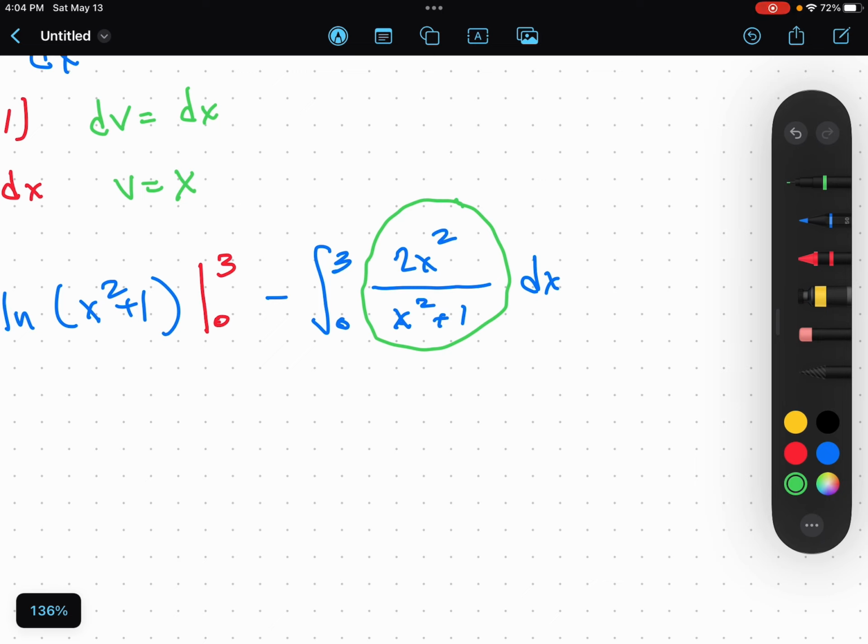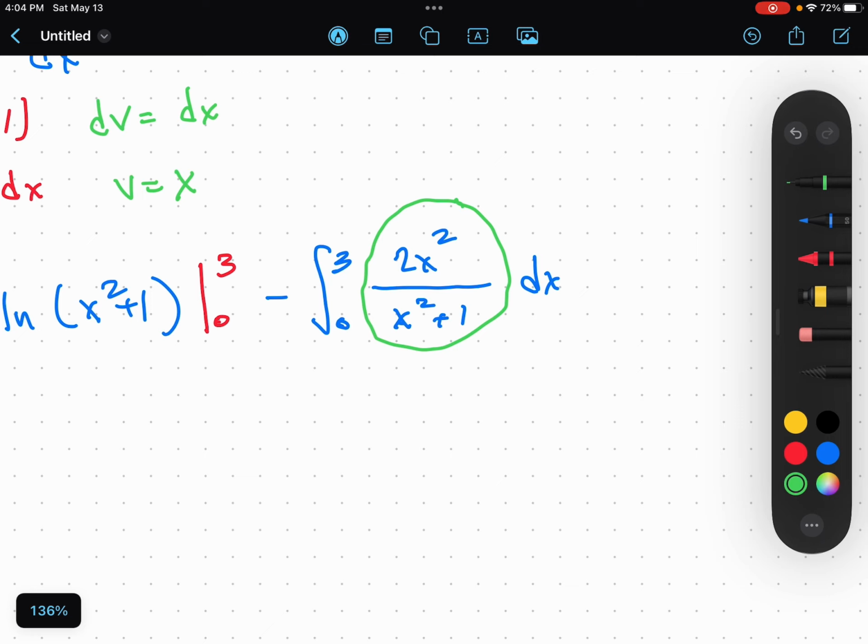So rather than do that, after thinking a couple extra minutes, I realized that what we need to do is reduce this improper fraction. And we do that by long division. Or I guess you could use synthetic division. But the point is, we're going to actually do algebra to divide 2x squared by x squared plus 1. And when we do that, we reduce this, what we call improper fraction, where the degree on top is the same as the degree on bottom, to something with a smaller degree that we can then use regular integration techniques to solve.